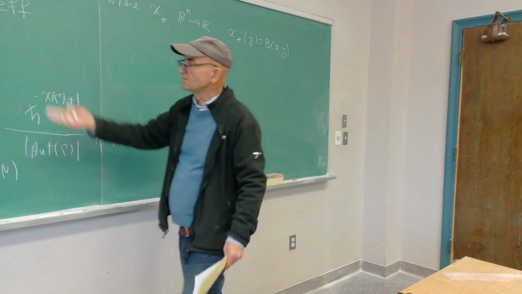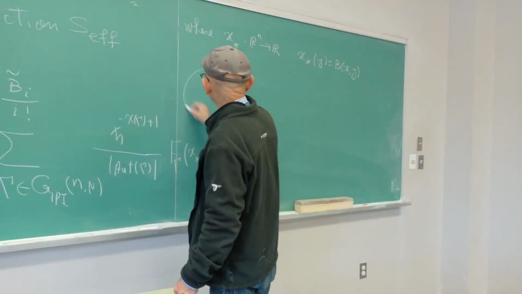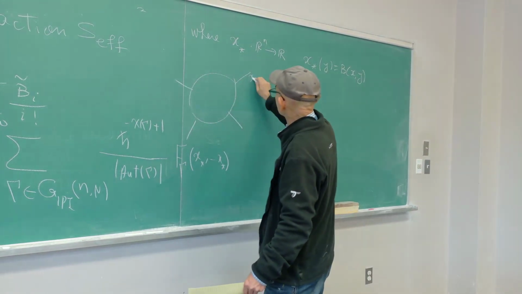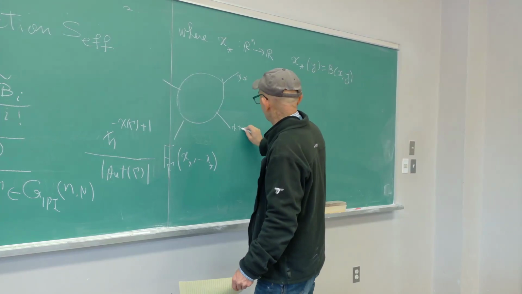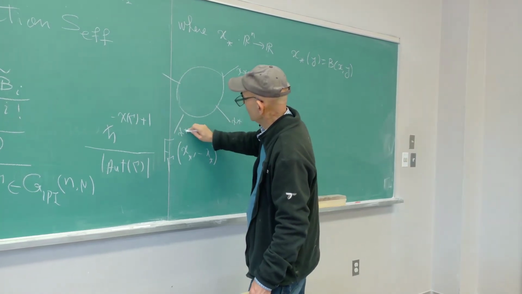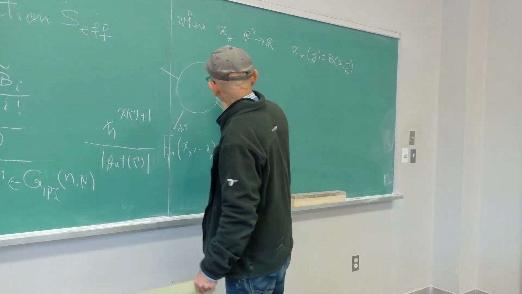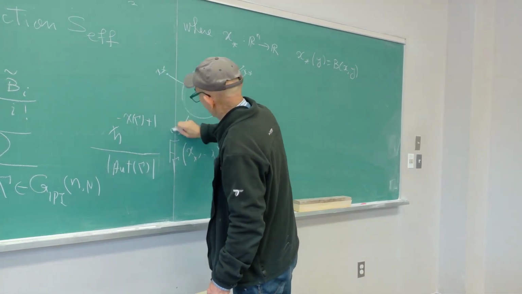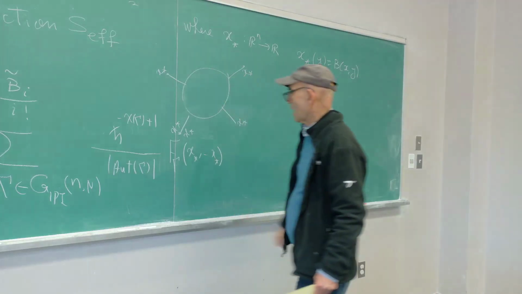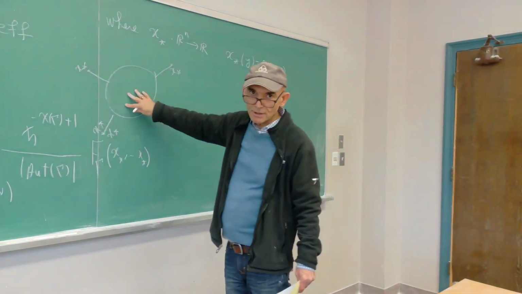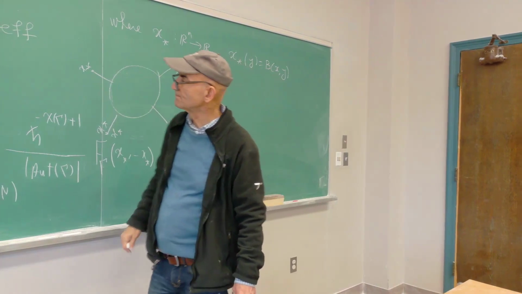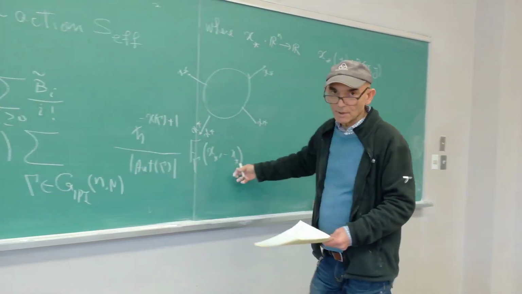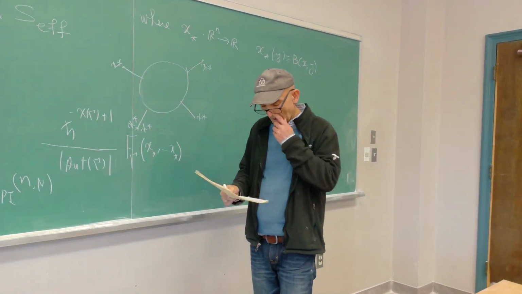Okay, and then so we put here x stars. These are external labeled vertices, one valent always. And then internally we put these BIs. And that's the Feynman rule for this.